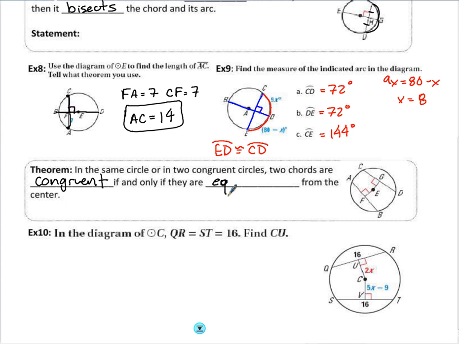Now, equidistant means that the shortest distance between any two lines to a point is always going to be a perpendicular length.